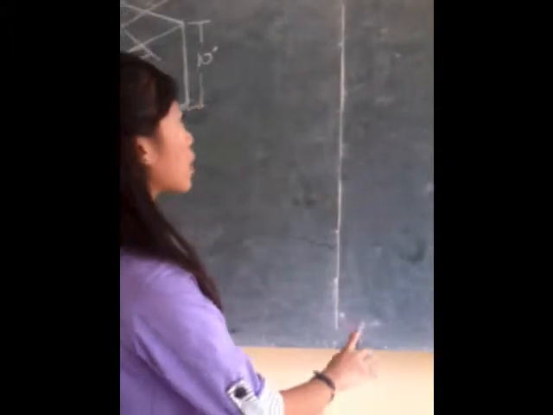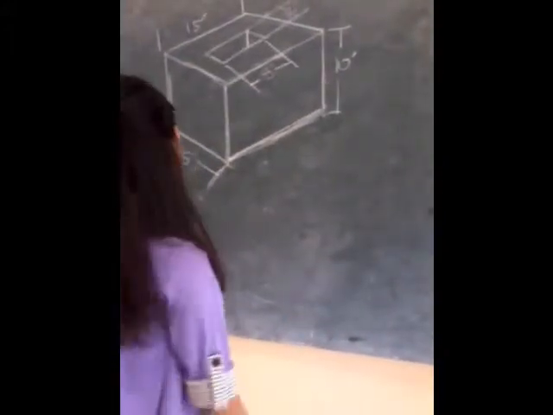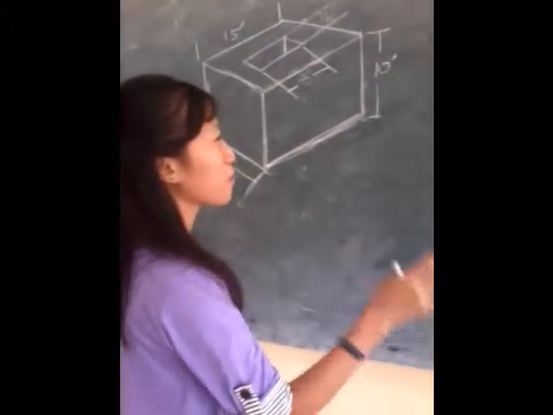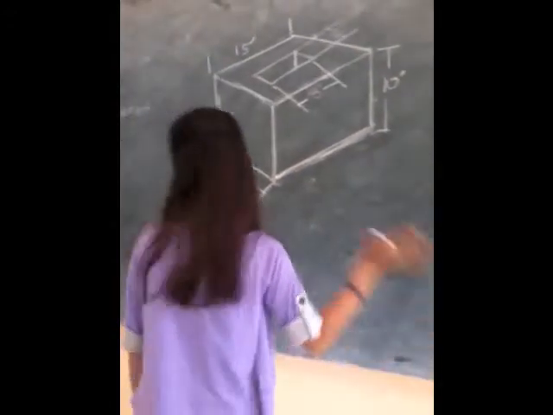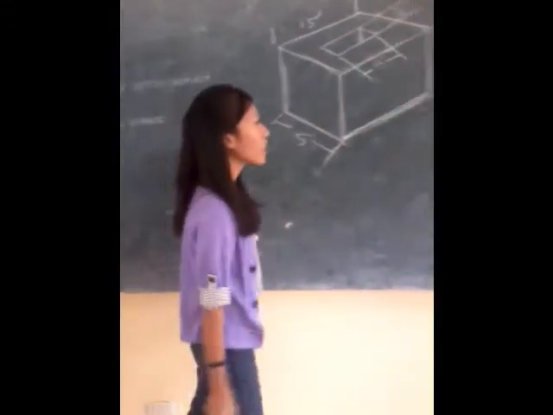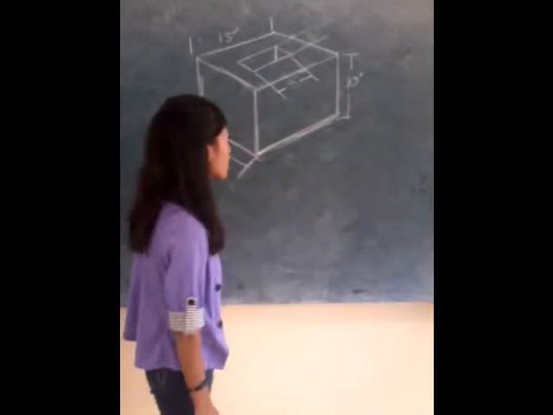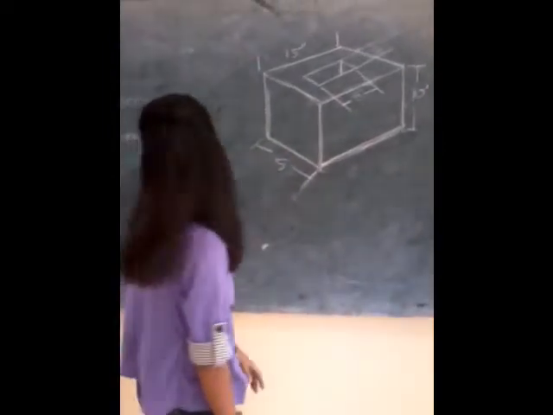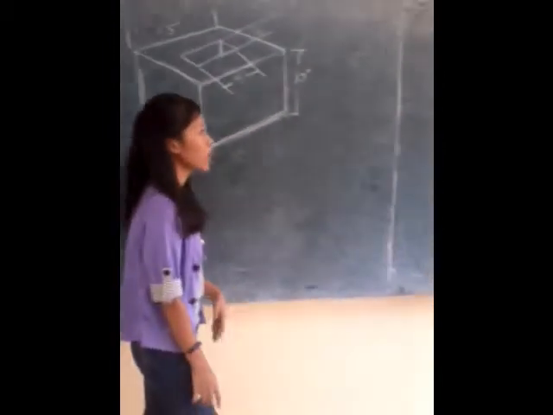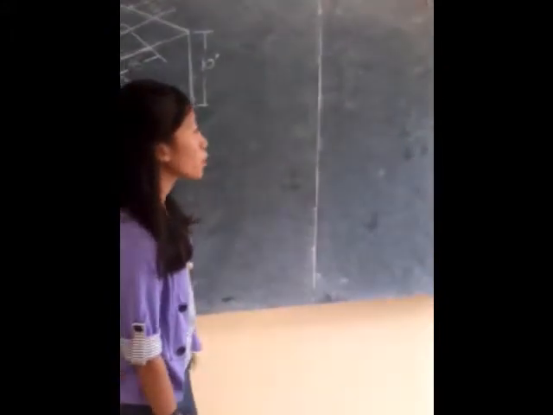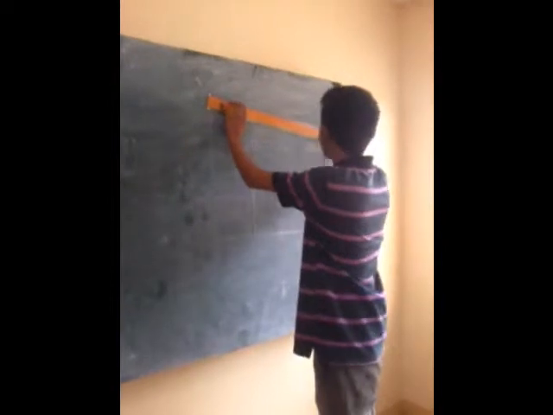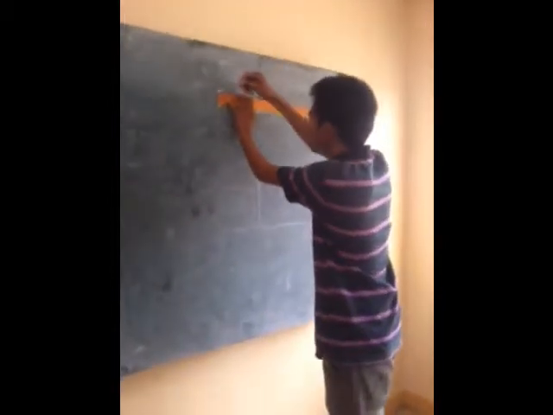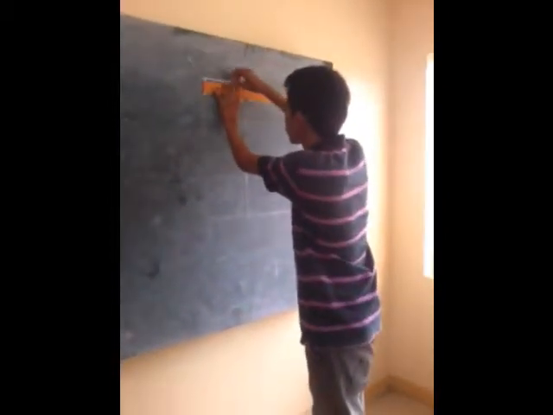The next step, number 3, is to determine the sizes of the object. Mr. Solaiman now is measuring the proper measurements of these objects. Our length is 15 and the height is 10.